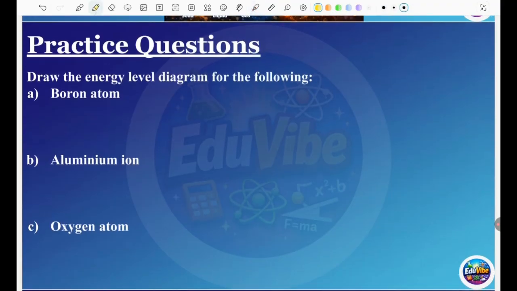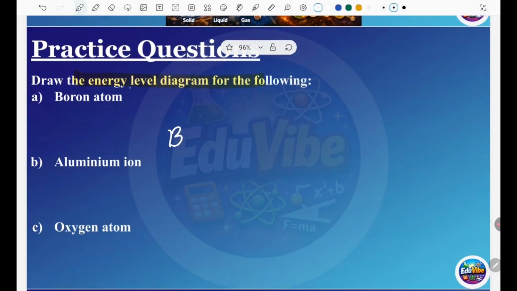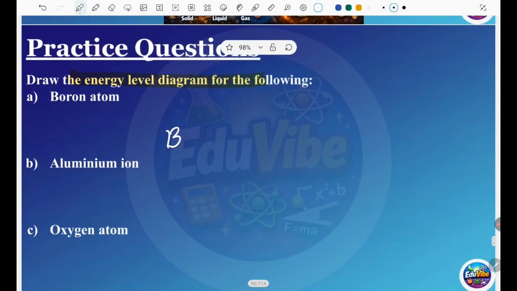An important topic from there is the energy level diagrams we have to make. So we have to make energy diagrams for these three atoms or ions. The first one is a boron atom. Boron is denoted by B, and we have to find how many protons it has. It has five protons, and we have a distribution.